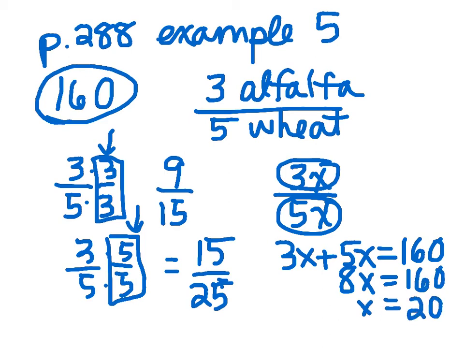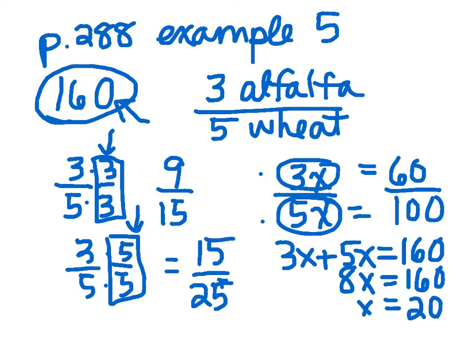If I know that x is 20, then 3x is 60, and 5x is 100. These numbers are in a ratio of 3 to 5, and they do add up to 160. I think this is why the whole idea of adding the 3 and the 5, dividing 160 by that number, and then multiplying works. So you're going to see several word problems like that as well.